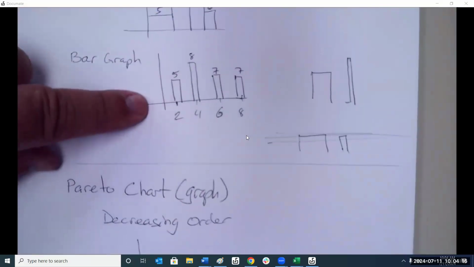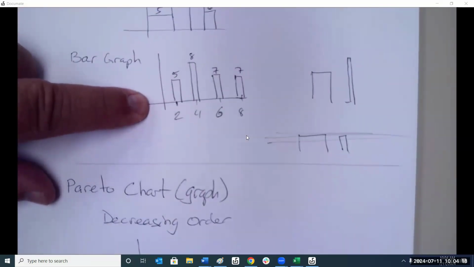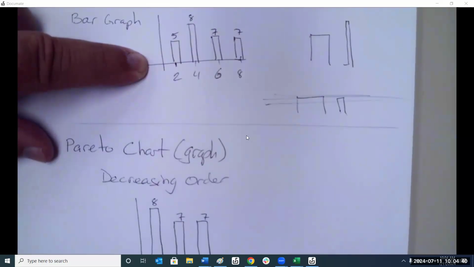So let's look at this example. We'll use these numbers here. So the biggest was 8. Then we had 7 and 7. And then the last only had 5.